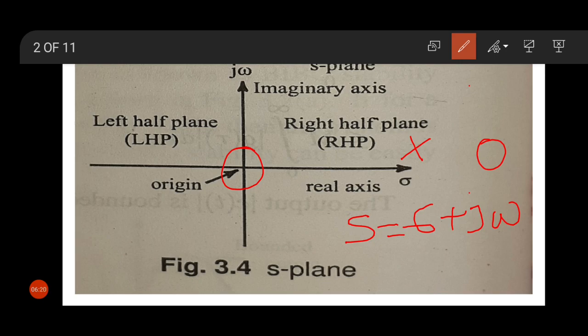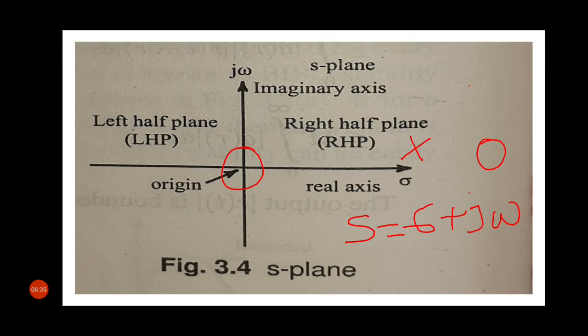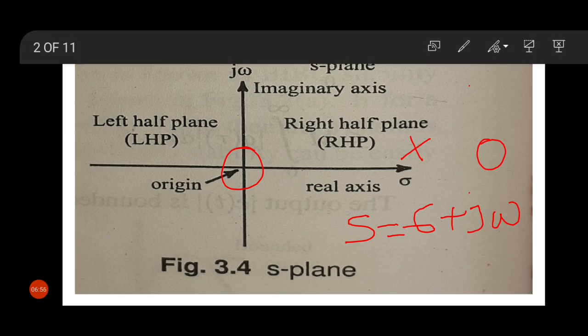The region to the right of the imaginary axis is known as the right half plane, and the region to the left of the imaginary axis is known as the left half plane. The poles in the S-plane are designated by the symbol cross and the zeros by the symbol zero. Clear? Now I have taken one example.